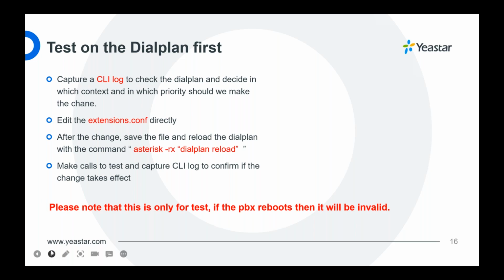So we just change the Dialplan directly, go to find the extension path, and then use the command vi to add the context we need to change. And no worries, once we reboot the PBX, the change will be invalid. So that is why, in the first step, you will not be 100% sure it works, so we have to do the test first.